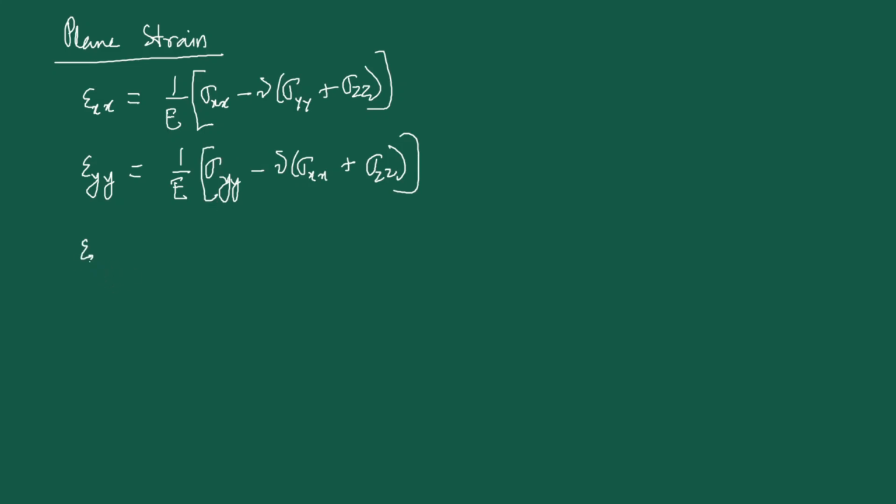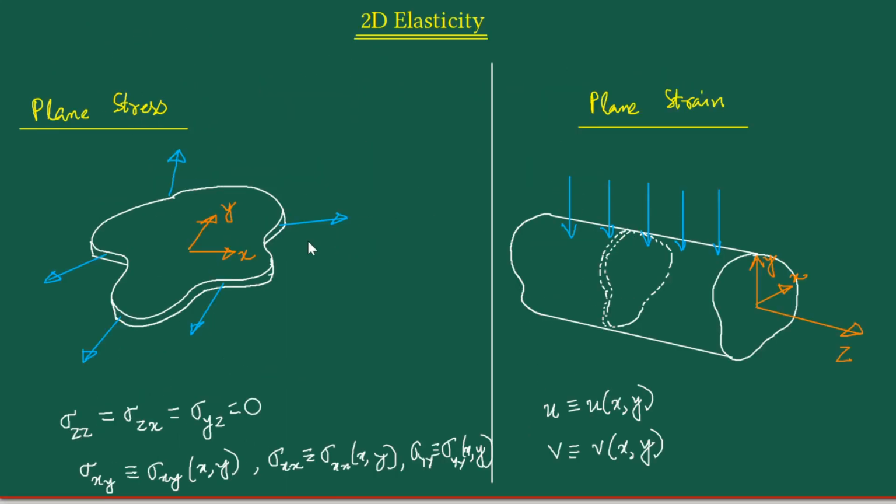Now, epsilon zz, for the plane strain case, we know that epsilon zz is very much 0. Okay, so let us go back to the first page and note that the W, so let us not talk about the W immediately, but what I would want to say is this.